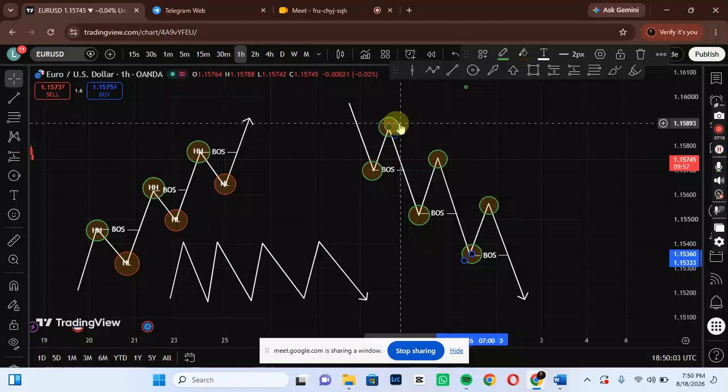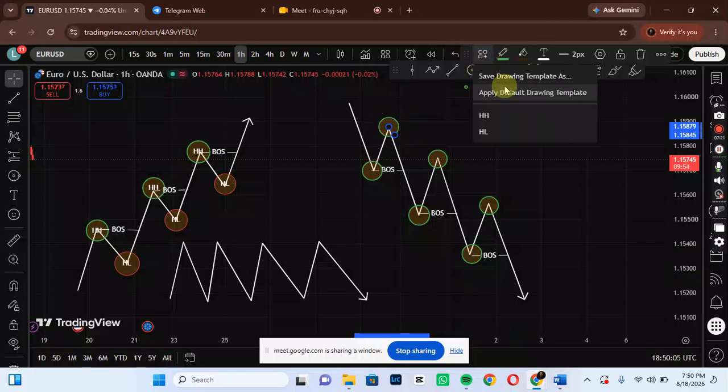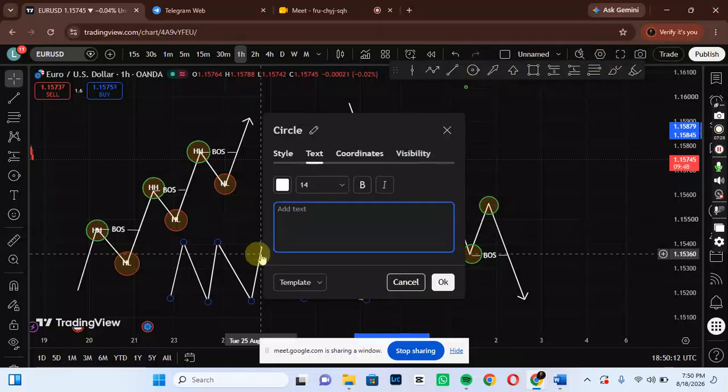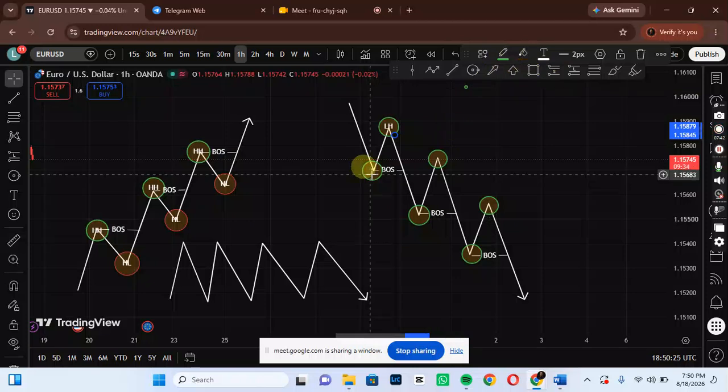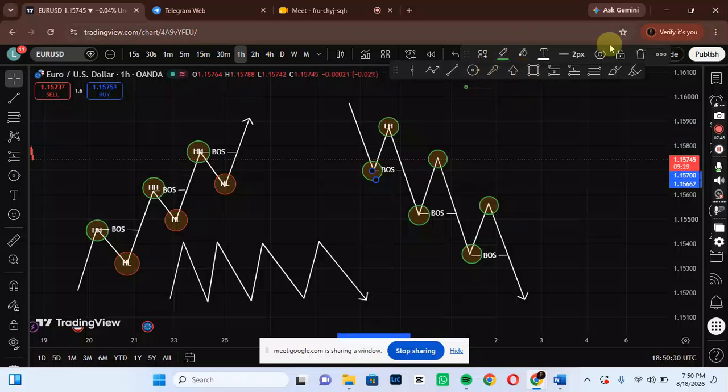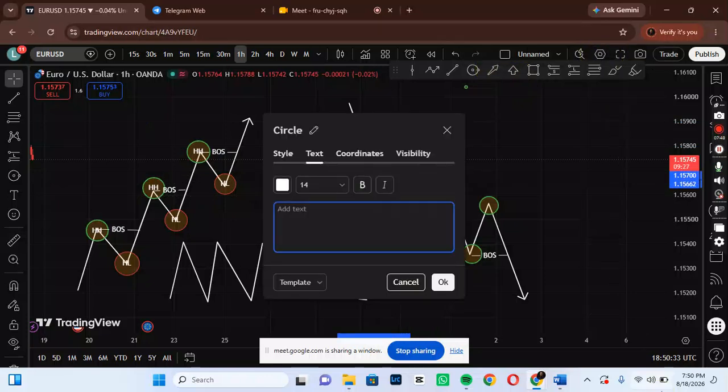So on this one we have a lower high, abbreviated as LH, while the lower low is abbreviated as LL.